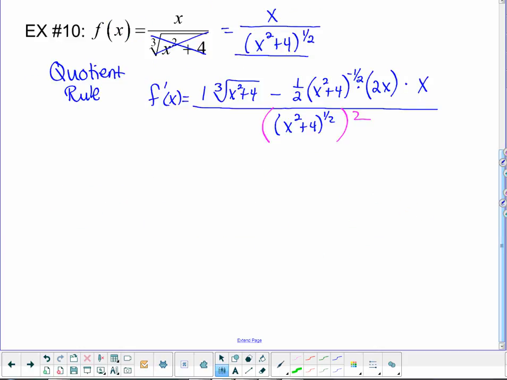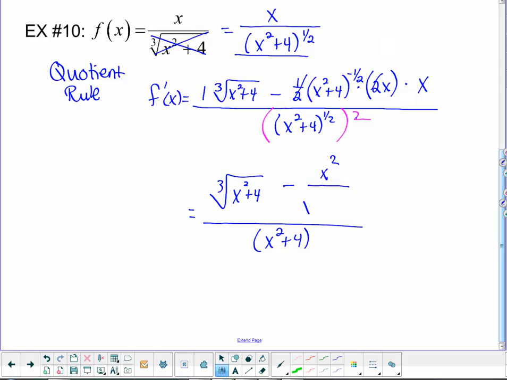Well, that made a nice denominator, didn't it? Denominator cleaned up nicely, x squared plus 4, because 2 times 1/2, power to power means multiply, gives me a 1. What does that leave us on top? I've got a cube root of x squared plus 4. The half and the 2 multiply to 1, and I get an x squared, so we got minus x squared in the numerator. The negative 1/2 will move that to the bottom.